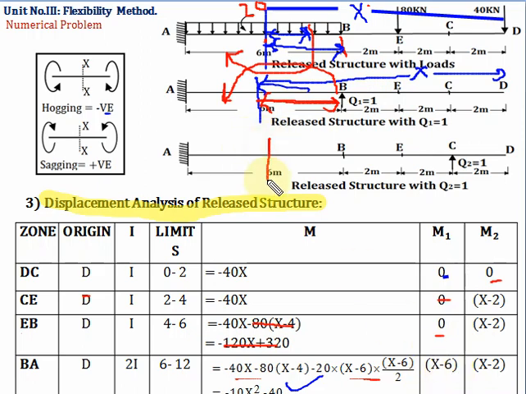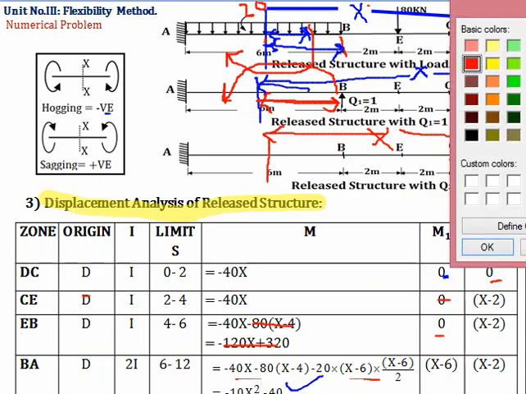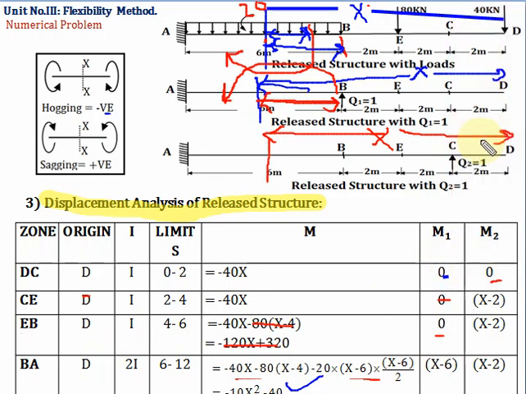Now next we will take the section in portion BA and we will measure the x from D point because the origin is D. Now here this Q2 will act like this. So the nature will be sagging, so plus.